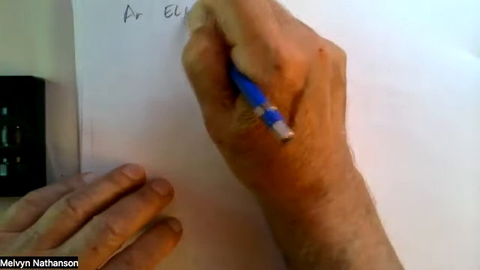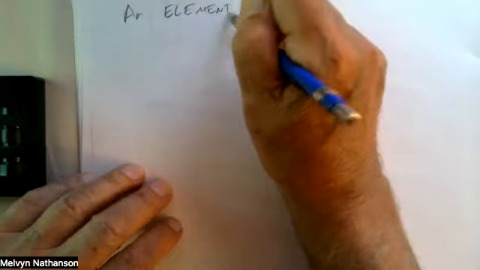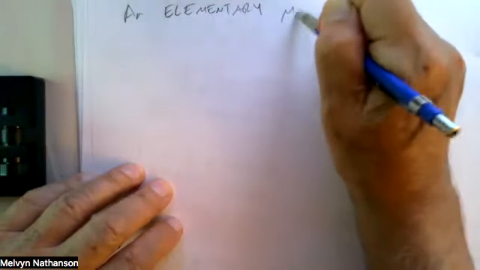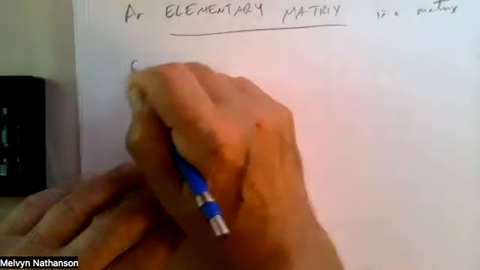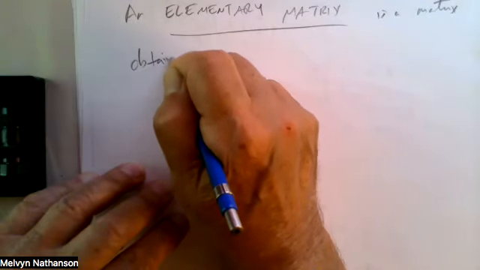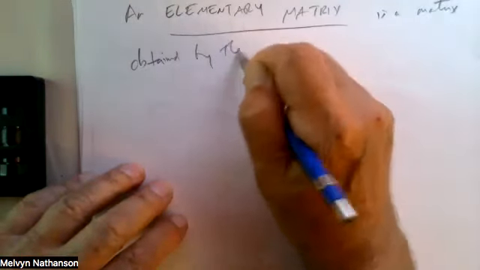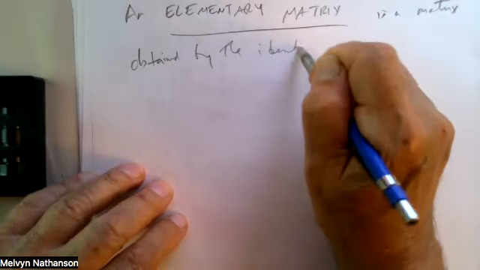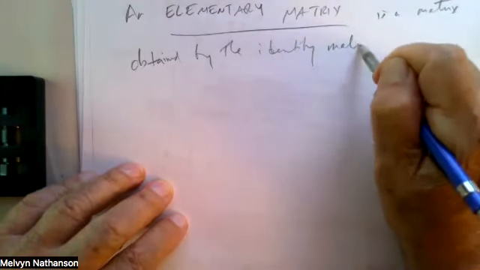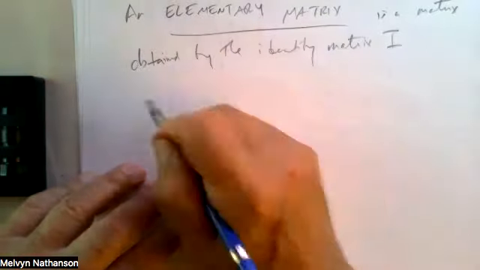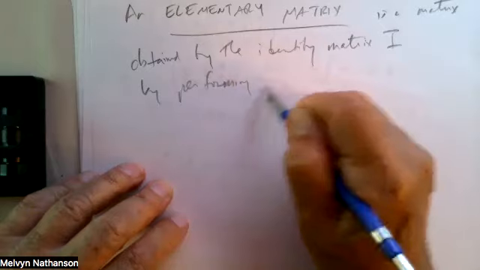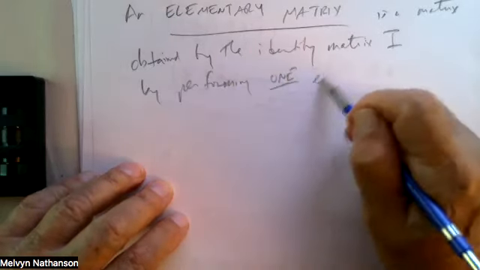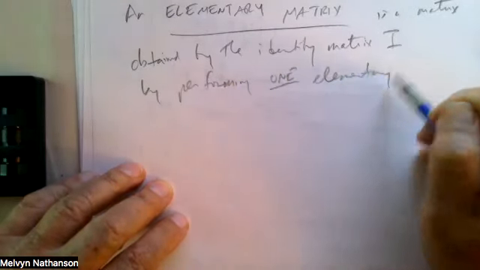An elementary matrix is a matrix obtained from the identity matrix I by performing exactly one elementary row operation.